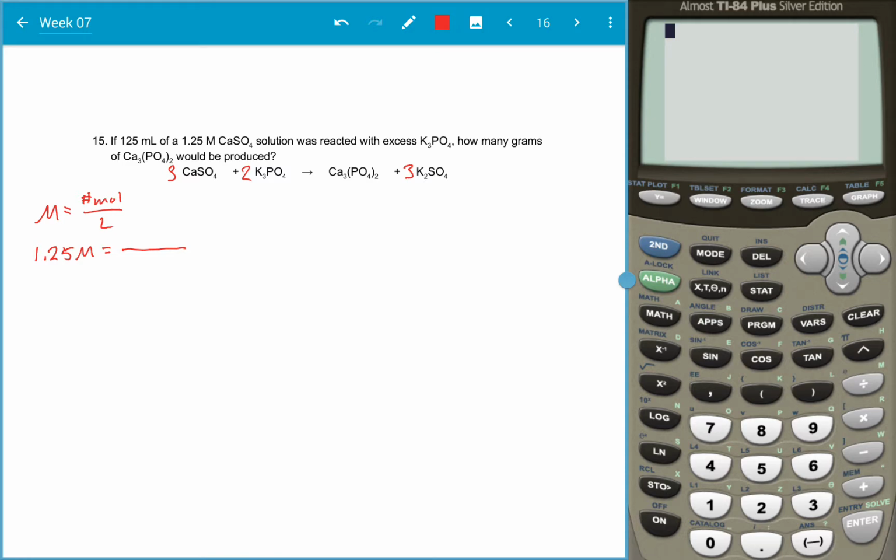My volume needs a little conversion though. So 125 milliliters is converted to liters by realizing that there's 1,000 milliliters in 1 liter. We end up with 0.125 liters.